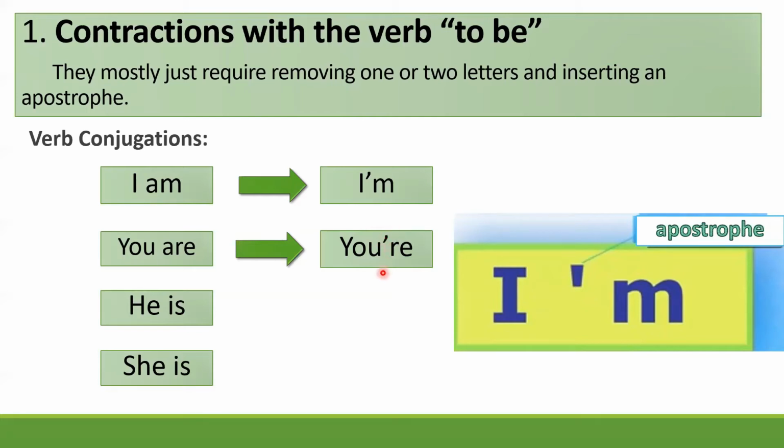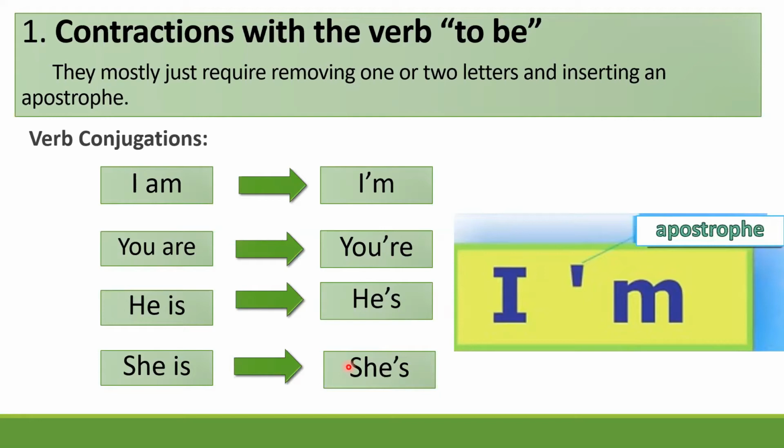What about the phrase he is? It will become he's. Again, we use an apostrophe. We cross out letter I, the first letter of the second word. And then we have the phrase she is. Very good. So it will become she's. We replace letter I with an apostrophe.